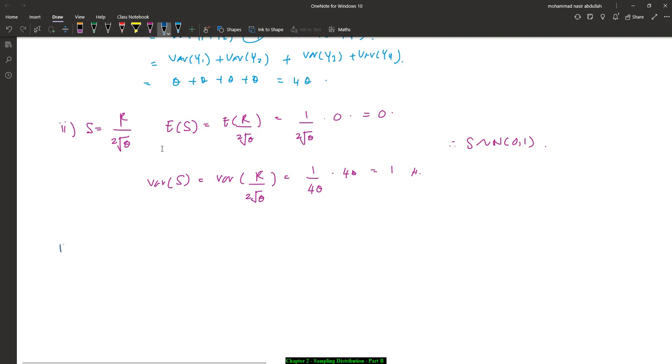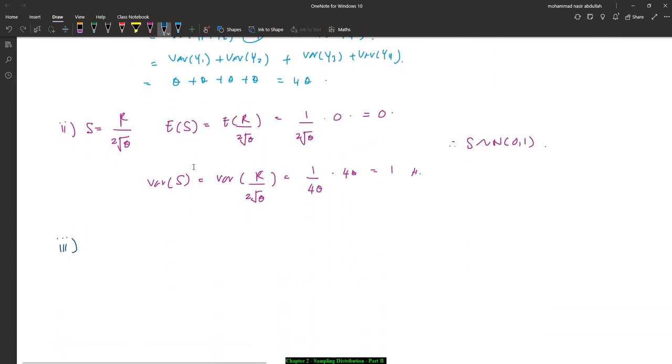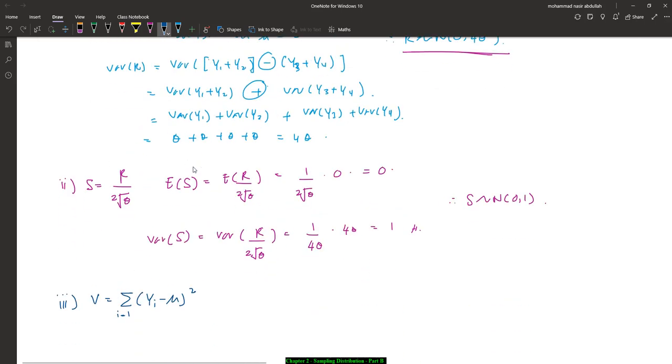And number three says that V is equal to the summation of (Y minus mu) squared. So V is equal to the summation of Yi minus mu, squared, where i equals 1 until n, right?